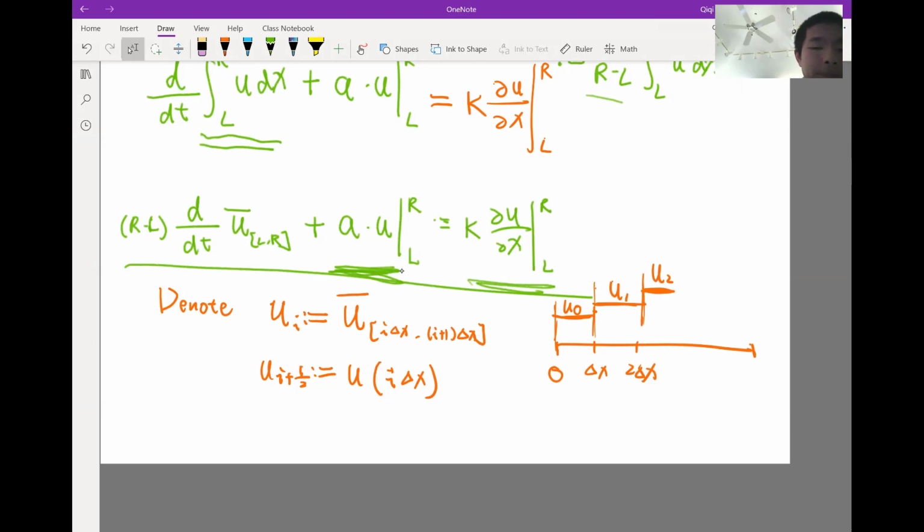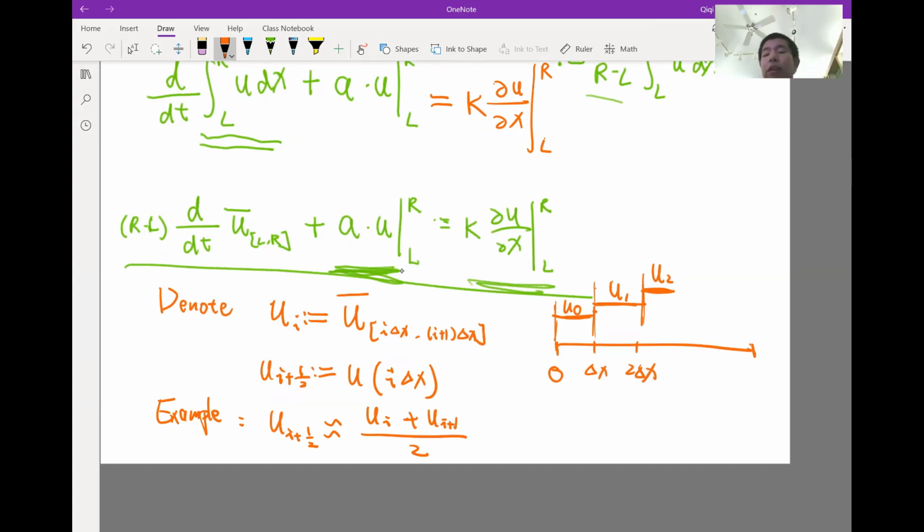So for example, one example of what we can do in finite volume is we approximate u_{i+1/2} as the average of ui and u_{i+1}, right? Just taking the two volume averages.